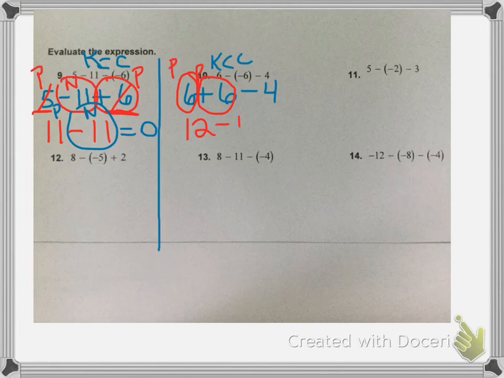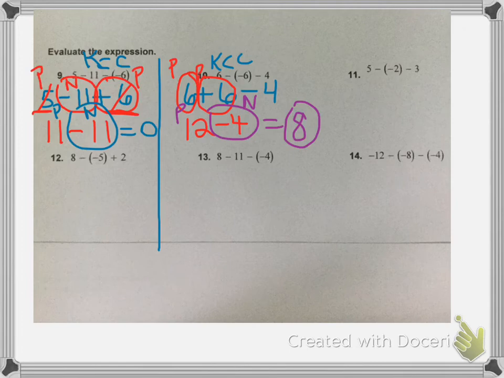So I'm going to bring down my minus 4. Okay, now I have a positive 12, and we could think of this as a negative 4. Different signs, subtract, or you could think of that as a first grade problem. 12 minus 4. We get 8, and our larger number is 12, so that would be a positive 8.